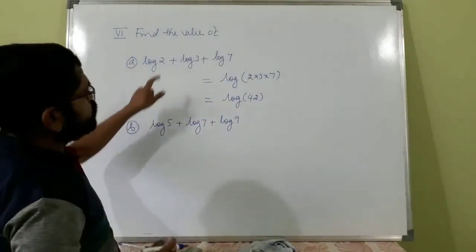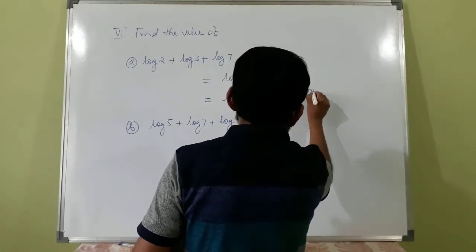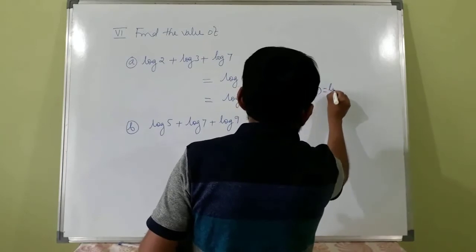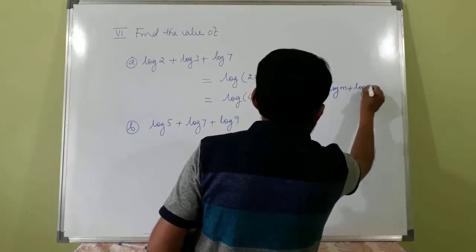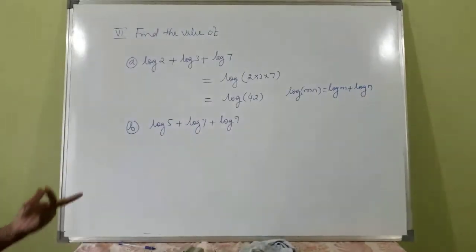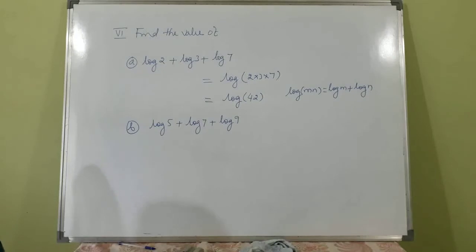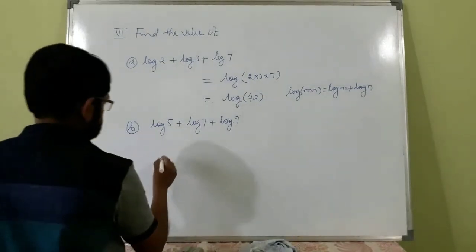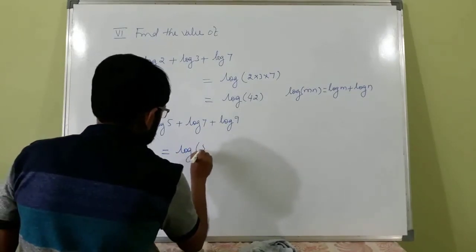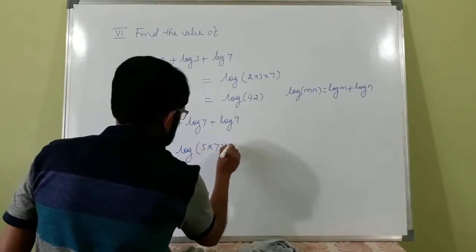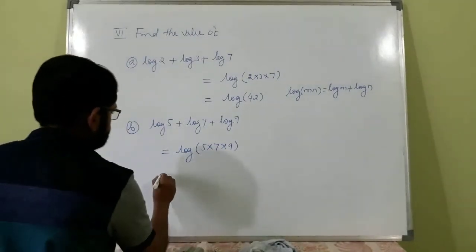Similarly, this is due to log of mn is equal to log of m plus log of n. If 3 variables are there, one more variable, you can take log mnp.